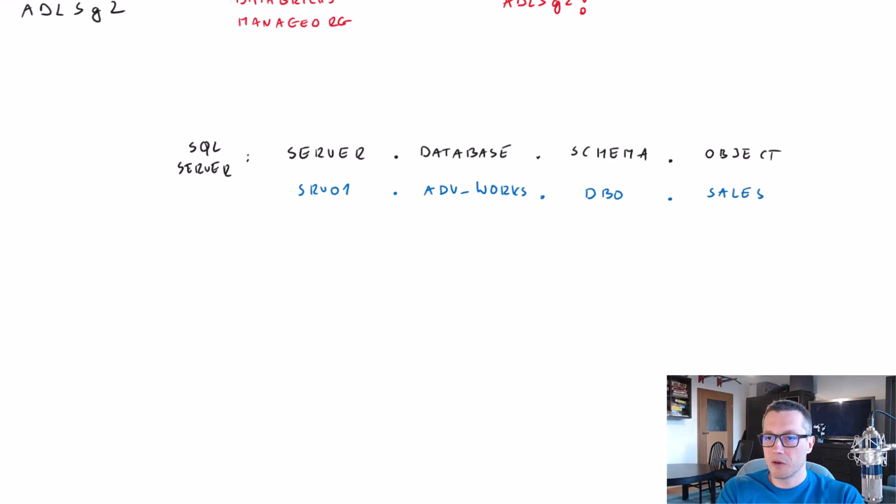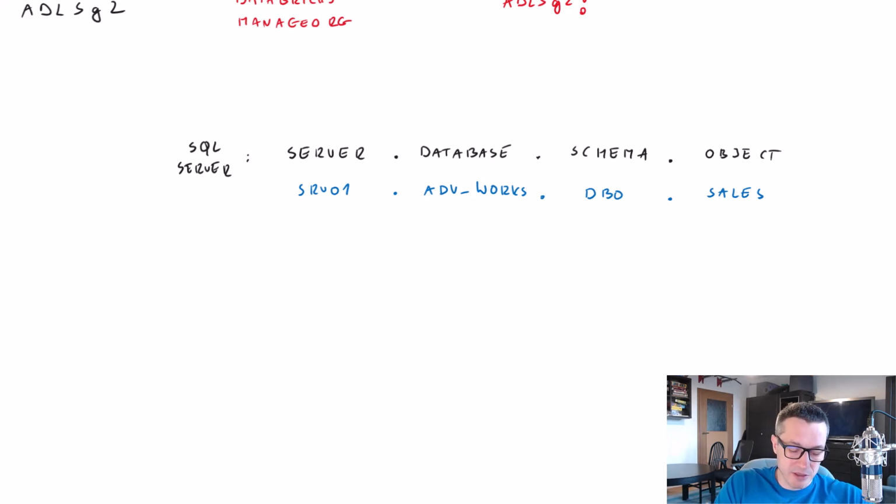So we've got those 4 parts of the name: server, database, schema, and object, which allows us to create this nice hierarchy inside the database. And for example, group some objects within the same schema, like various HR objects, various sales objects together.